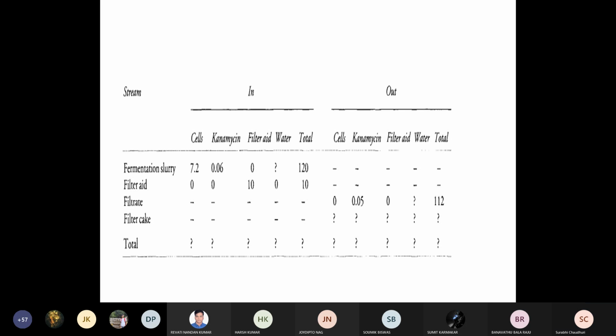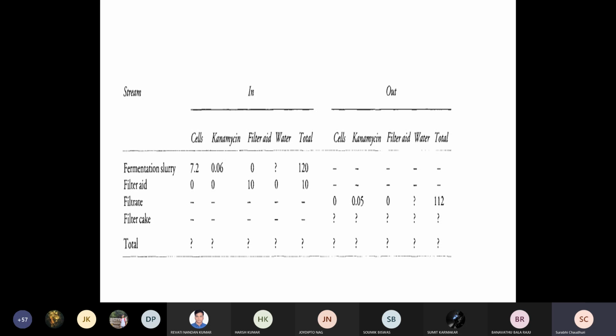Now, at first coming in, for fermentation slurry, we have 7.2 kg cells because we have 120 kg per hour which has 6% cells. So 6% of 120 is 7.2. 0.05% of 120 is 0.06.